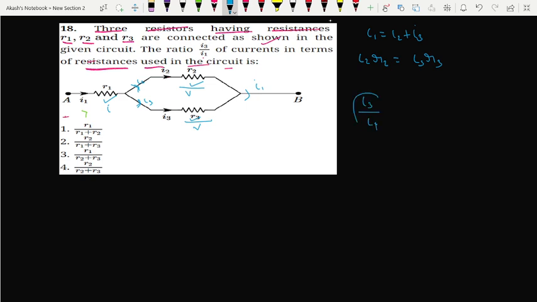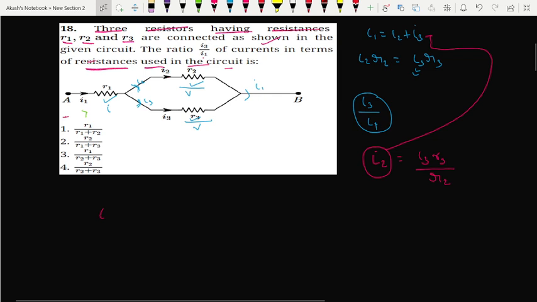So first we can find I2 in terms of I3, R2 and R3. From here we can write I2 equal to I3 R3 upon R2. Now put I2 into equation 1.